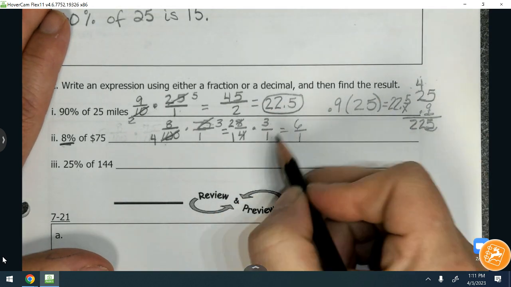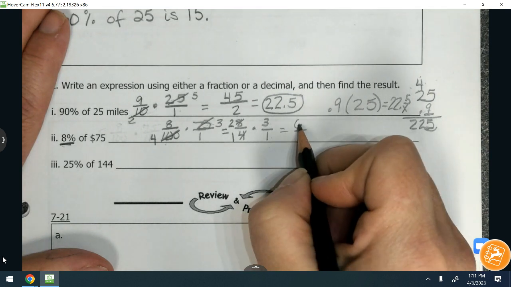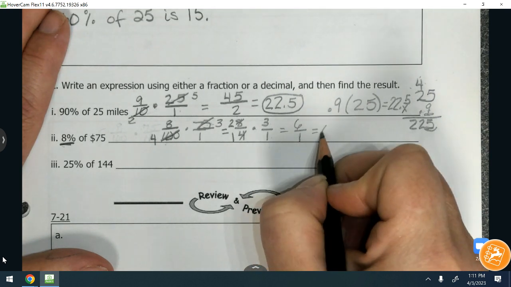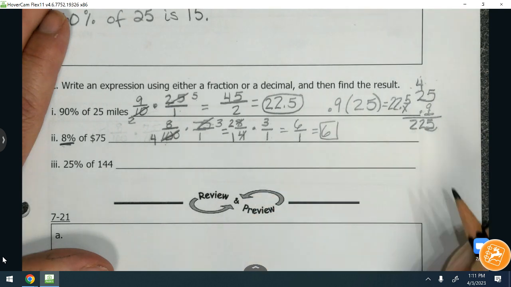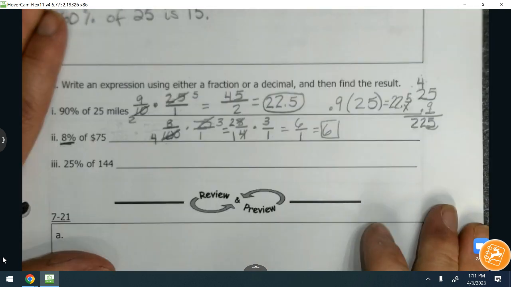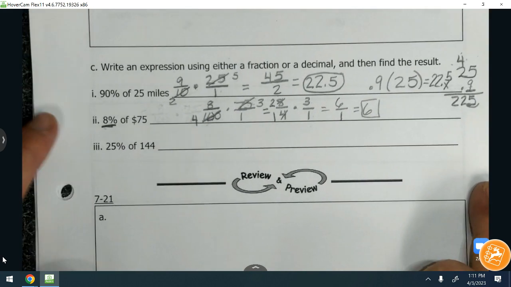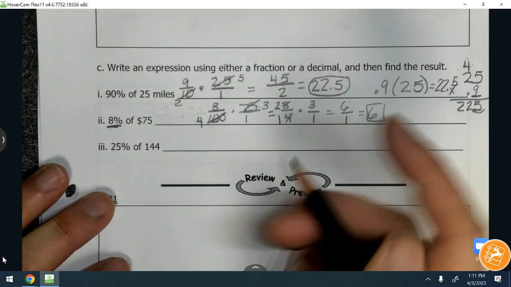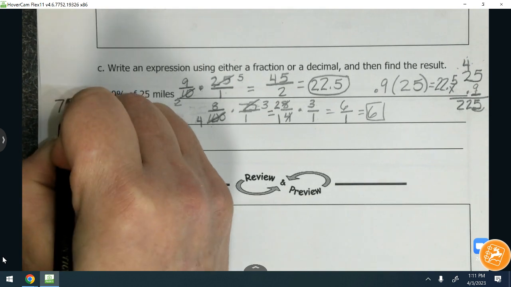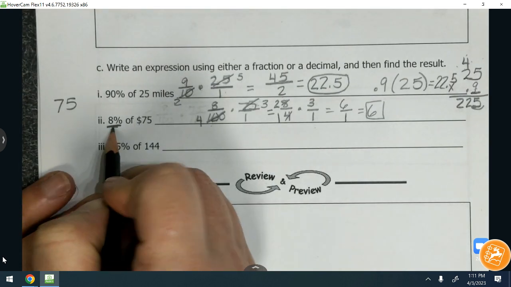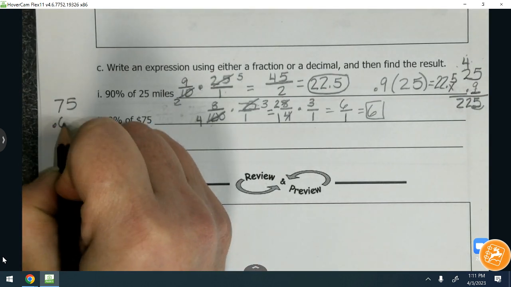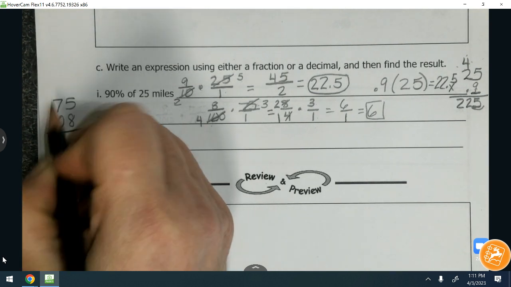Now I have a division problem. 6 divided by 1 equals 6. Again, I think decimals are delightful, so I'm going to do it over here. I do need to be careful because this 8% needs to be 8/100ths, not 8/10ths.